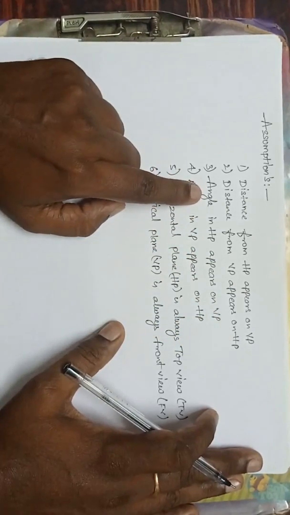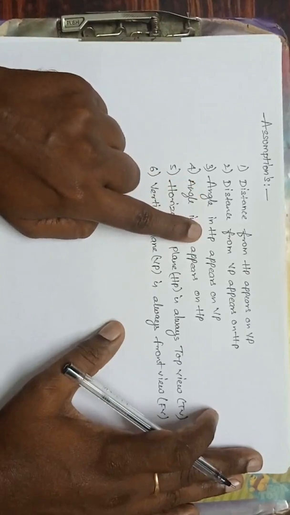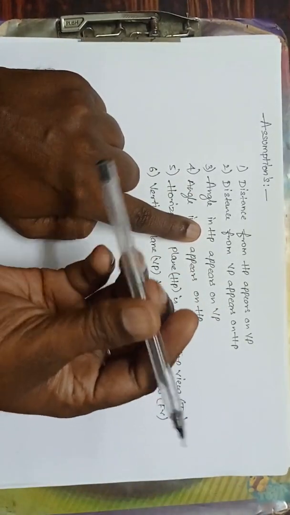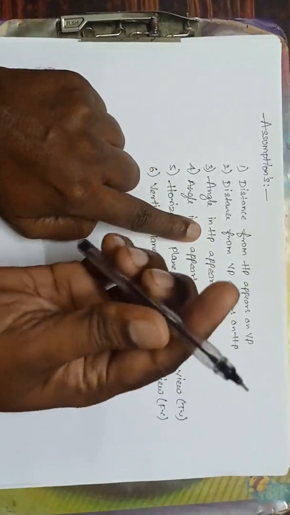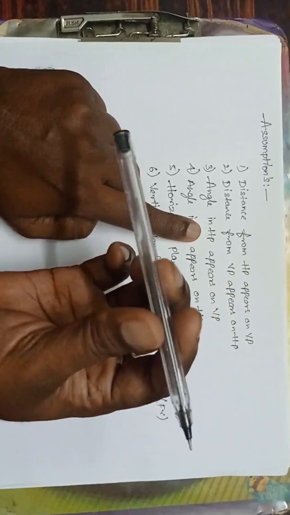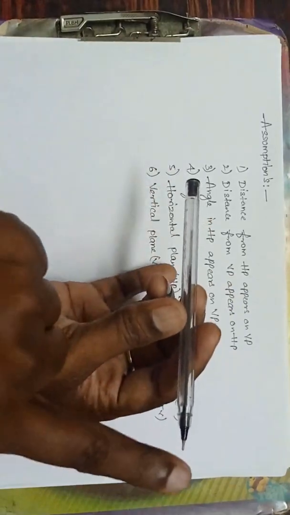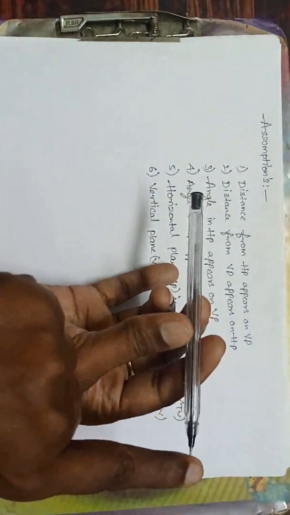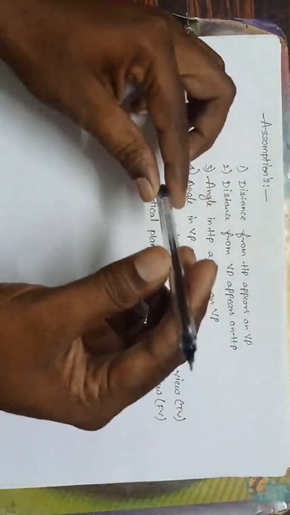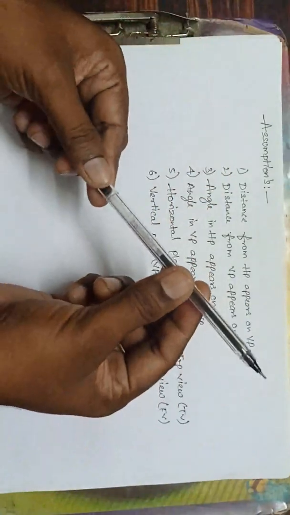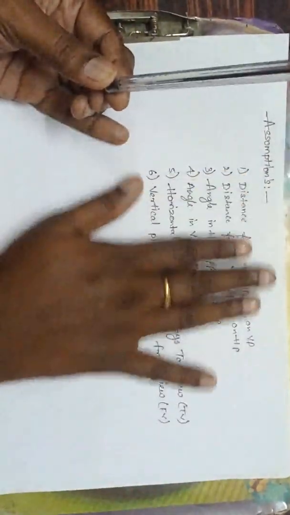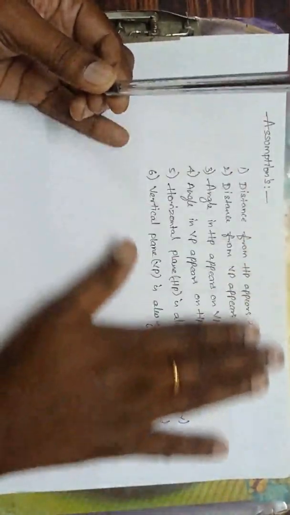Let us come to the angles. Angle in the HP, he will give some angle or he will give a line. Suppose this is a line, I am assuming this pen as a line. A line has 2 points, one end and another end. I am assuming that they are A and B. It will be inclined to the HP or inclined to the VP, something like this. Suppose this plane is HP.